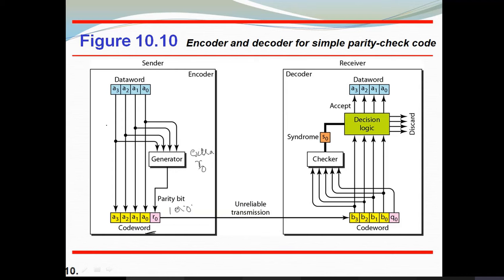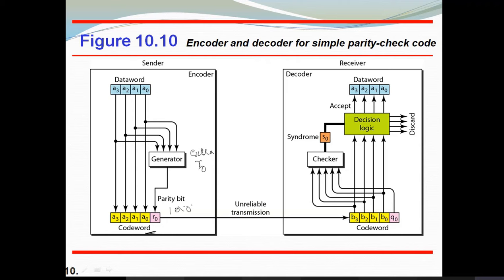In case the number of ones in the data word is already even, then you will be adding 0 as R0. Then send the data through an unreliable transmission. Whatever transmission media we are currently using is unreliable, you cannot ensure 100% accuracy.